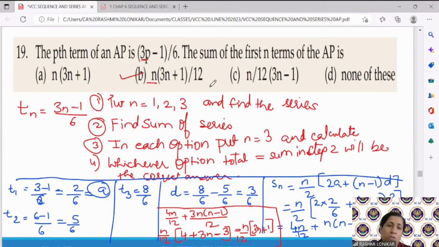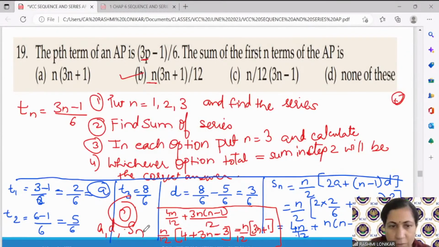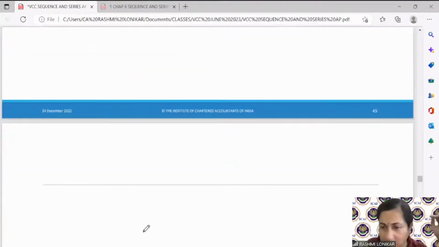But this is also an option. Either you can use this option, or you can find the value of A, the value of D, and put it in the formula of Sn. You can do either of them. The 20th sum was easy, right?